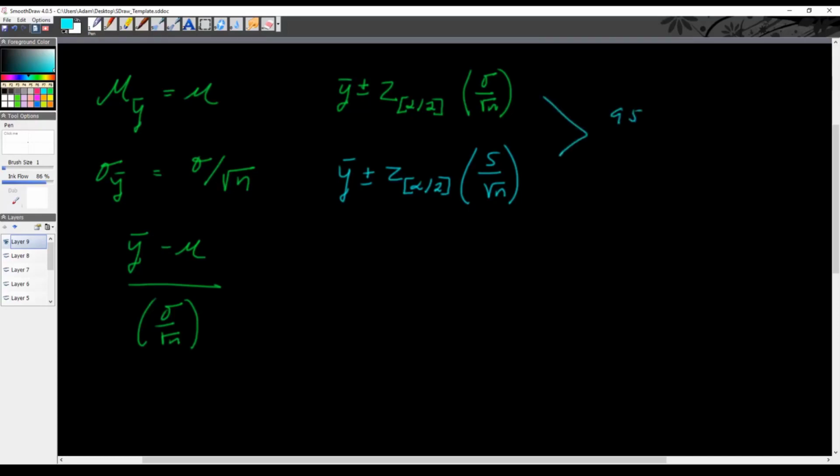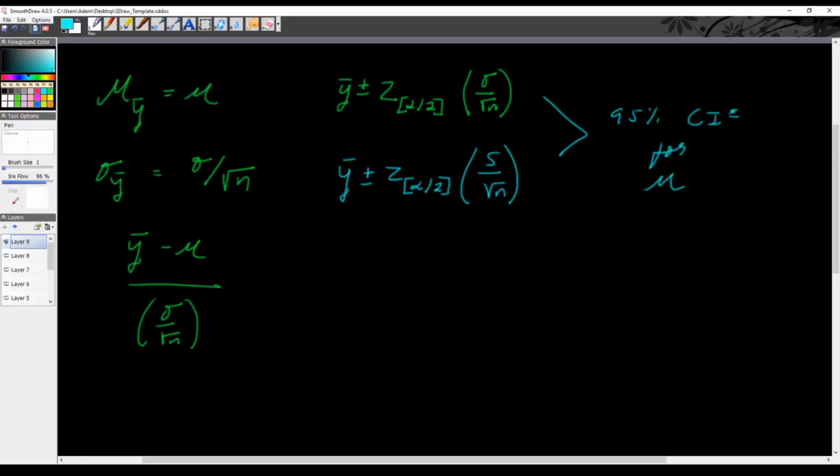This is when we have a sample size greater than 30. Again, we can derive these intervals using a similar process as before, but that's not necessary. You can play around with that if you'd like, but you're going to end up with the same result.